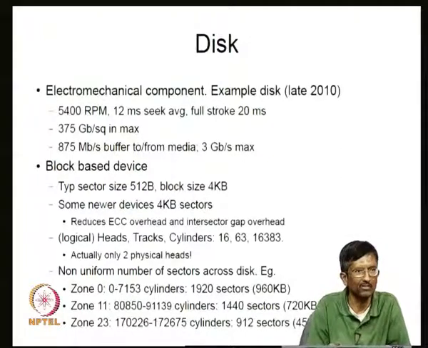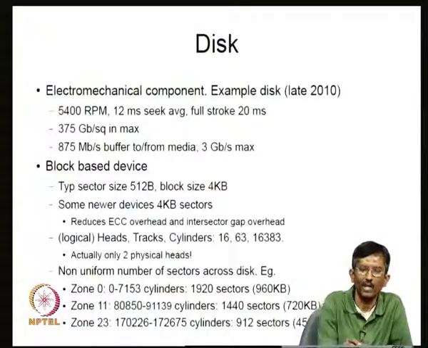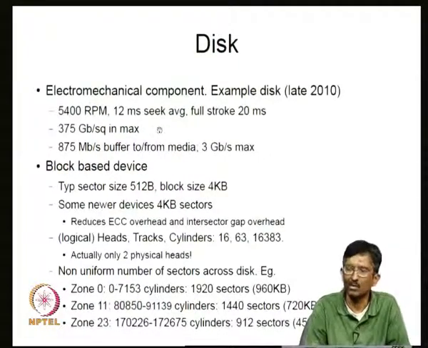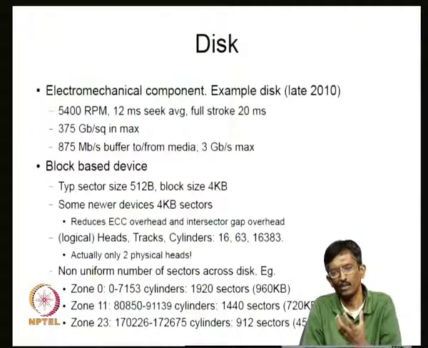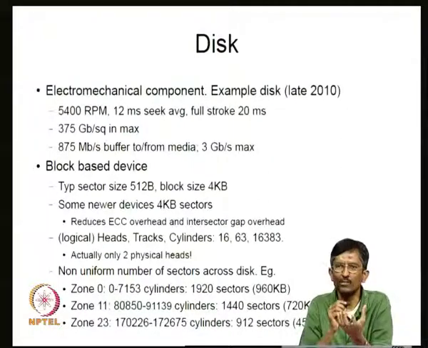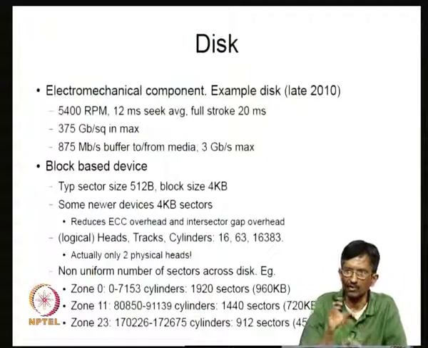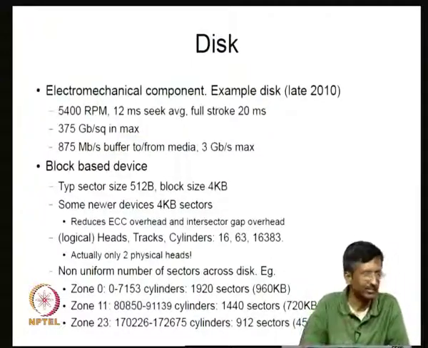It's spinning quite fast. Okay, and it's got what is called an average seek of 12 milliseconds. That means that if you have a disk and you go from half the distance on the disk, your head is, let's look at the picture again.